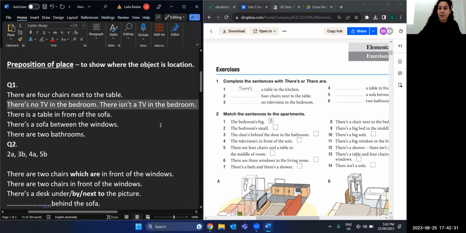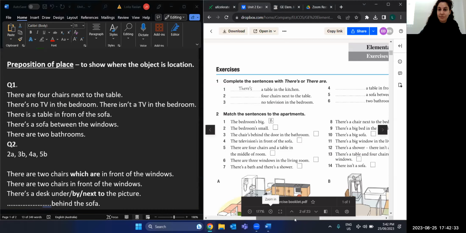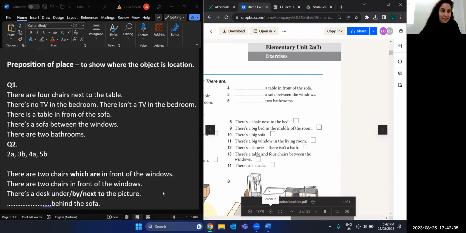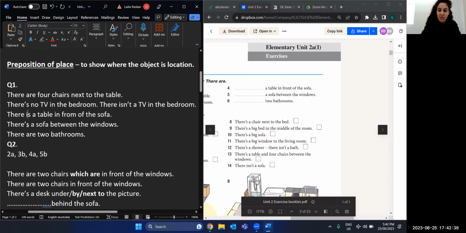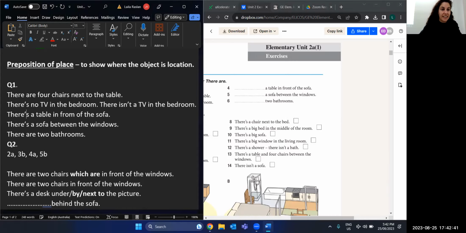Yeah, pretty good. Number 4, there's a table. Yeah, so I'll just connect mine to show you. There's a table in front of the sofa. Singular, only one, a table. So there is, there's.